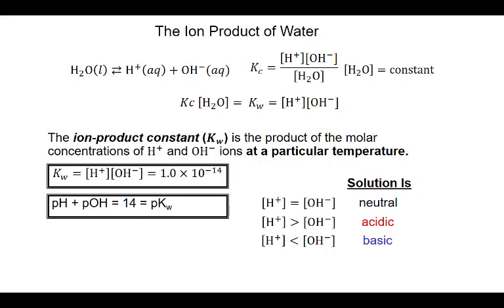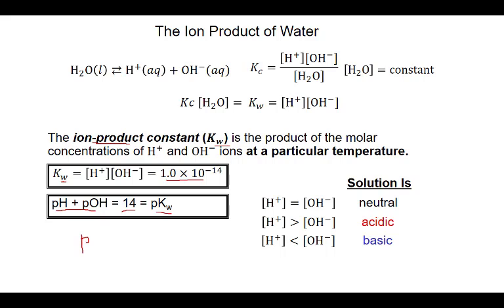So Kw is the dissociation constant of water, this W means water, and it is also called the ionic product constant. Value is 1 into 10 to the power minus 14, and when you take the total of pH and pOH, the answer will be 14, and that is called pKw. P means minus log.